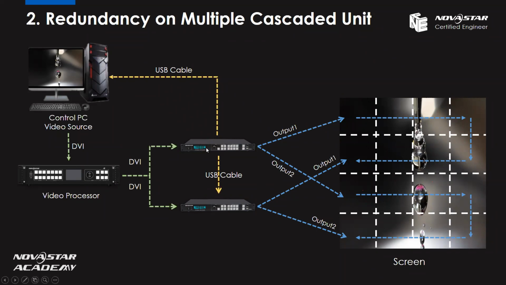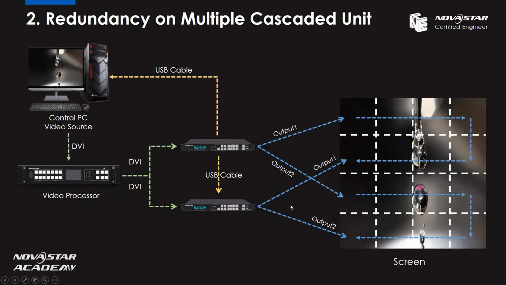Then let's check the LED screen part. The first one, the primary VX4S, is using 2 ports. Port 1 loads the top part of the screen, and port 2 loads the second part of the screen.